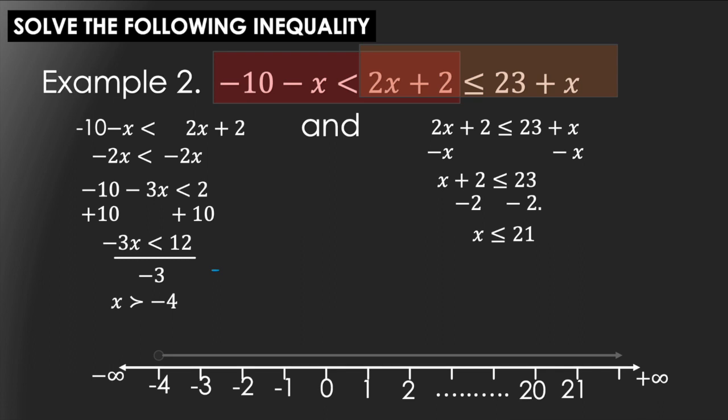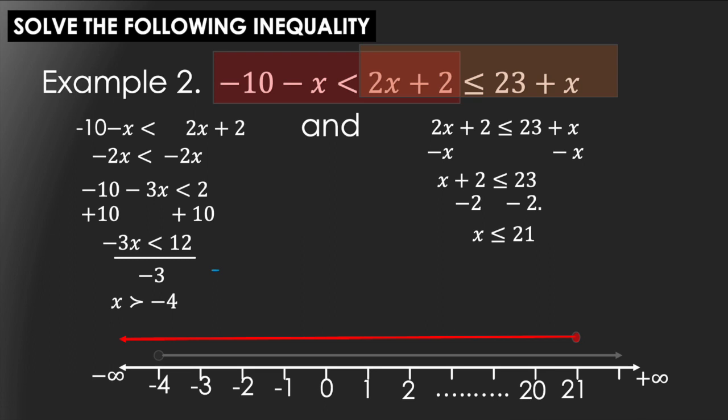Next, let's graph x less than or equal to 21. So we use a closed circle to mark 21 since 21 is included. And then you shade all the area which is less than 21, that goes up to negative infinity.